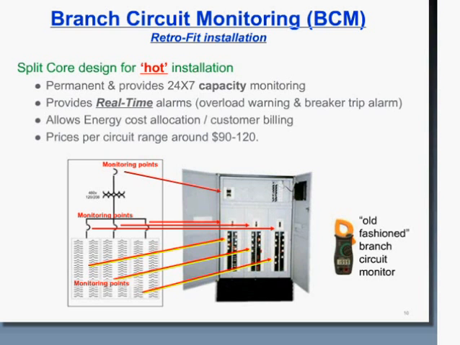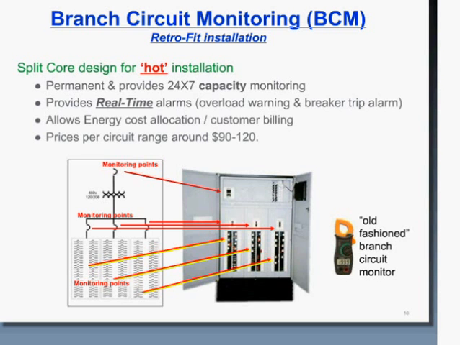But in a retrofit application we're coming in with a split core type CT, so you could actually do a hot installation, and allow a customer to do energy cost allocation and real-time alarming for around $100 a circuit.